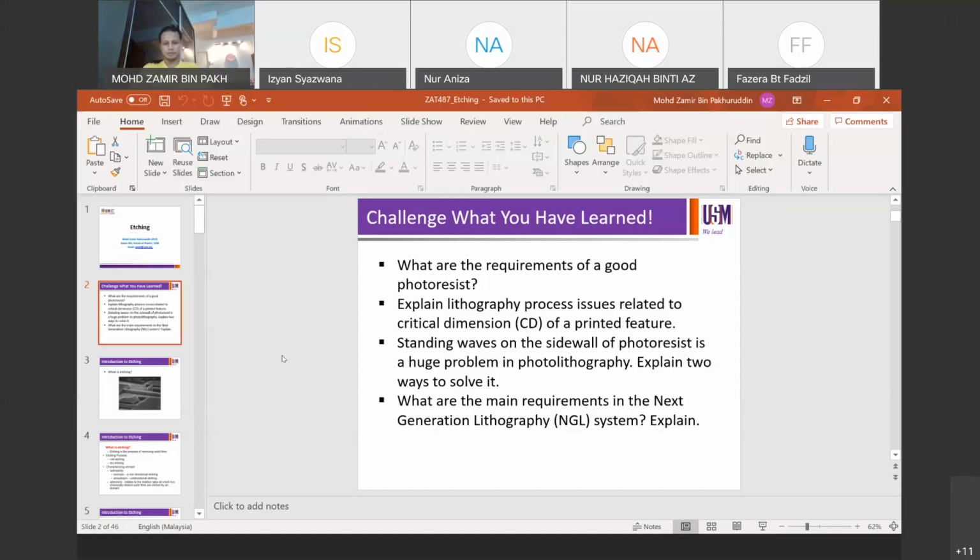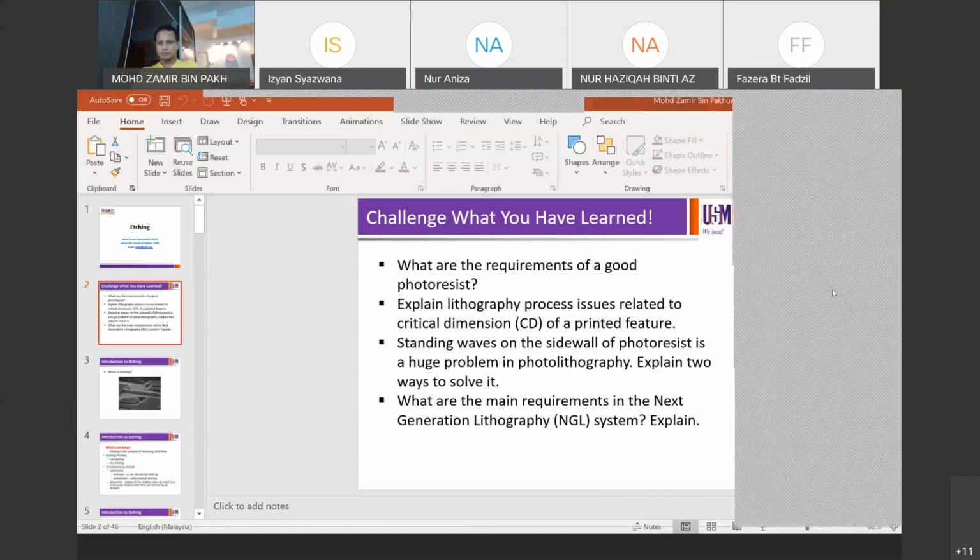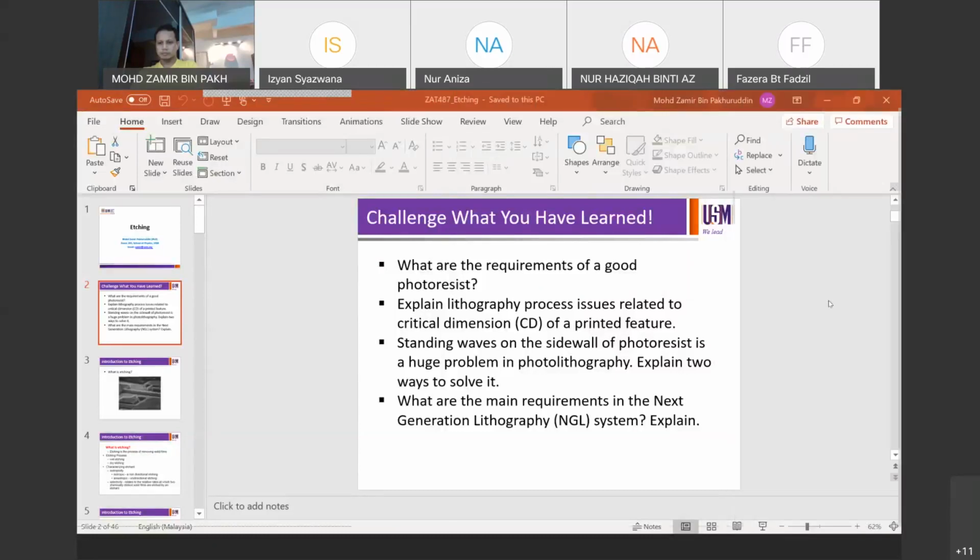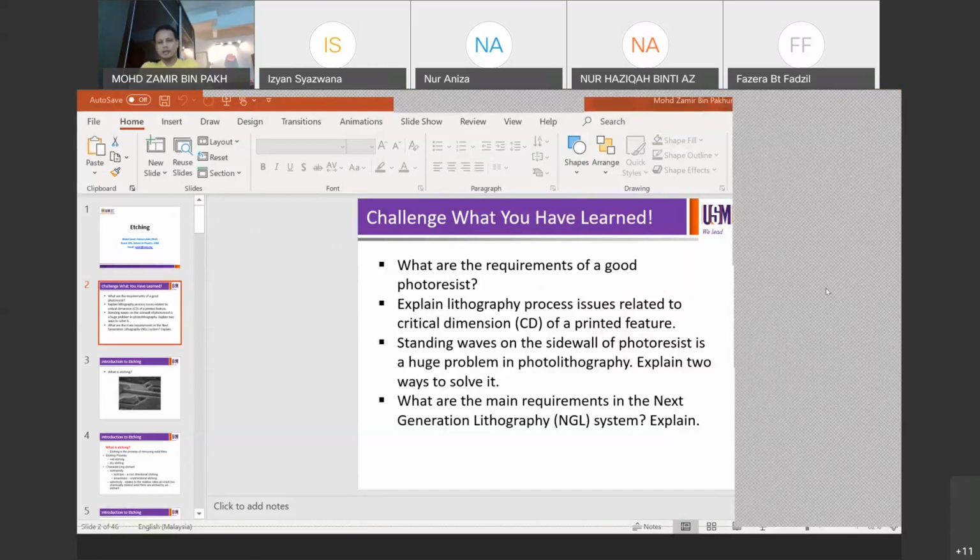Anyone? Hazika, what is one of the process issues related to CD? Develop defects.